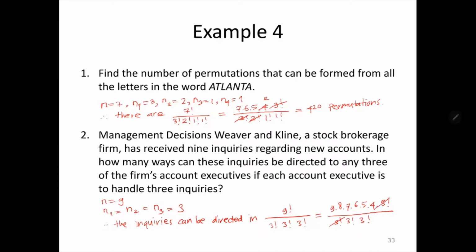We can cancel this. And then 3 factorial is just 3 times 2 times 1. So it's 6.